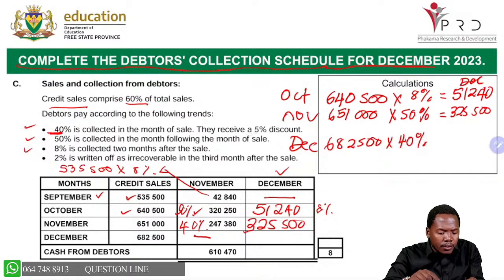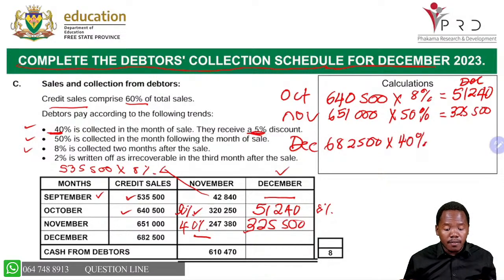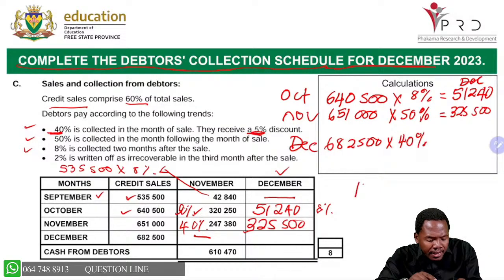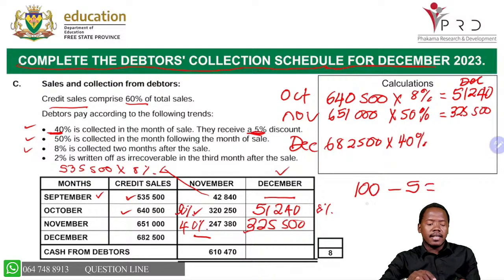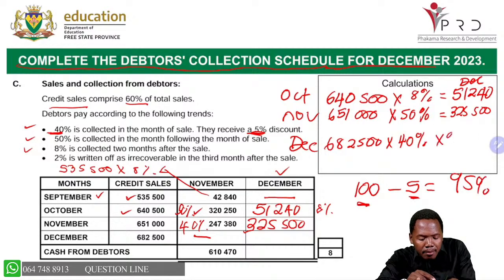Remember, when we collect 40%, we are going to give out discount of 5%. So we are not going to collect 100%, but 100 minus 5. So we are only collecting 95%.